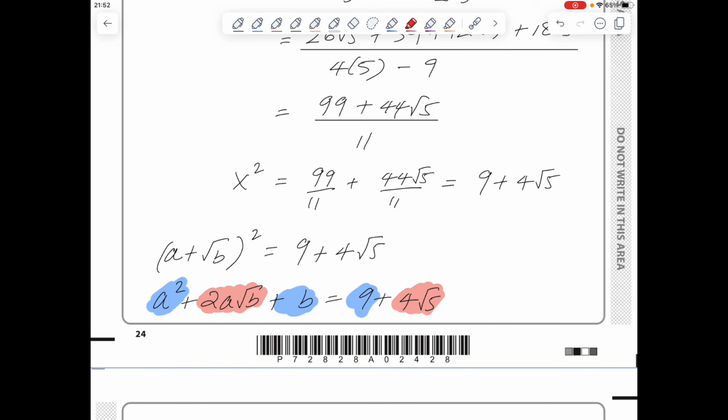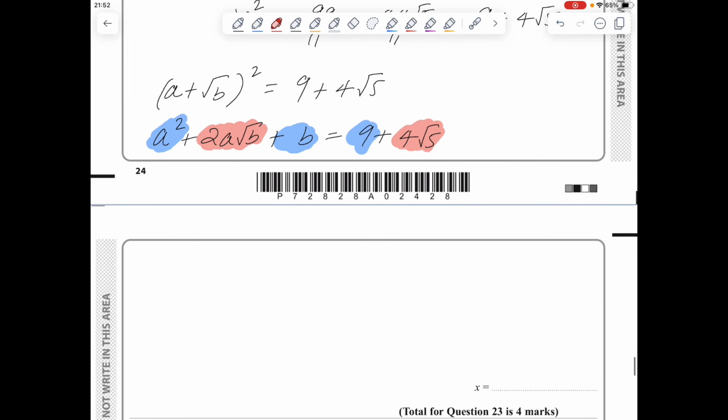So starting from the red equation, I get 2a square root of b equals 4 square root of 5. b has to be equal to 5 and 2a is equal to 4, hence a is equal to 2. Therefore, x is equal to 2 plus square root of 5.